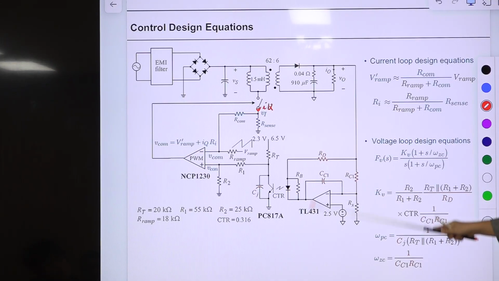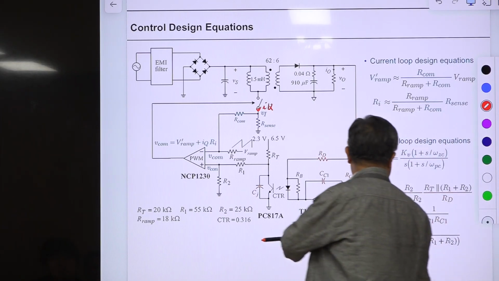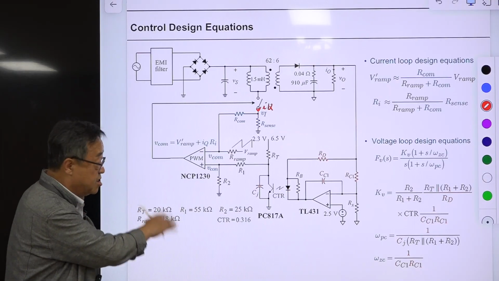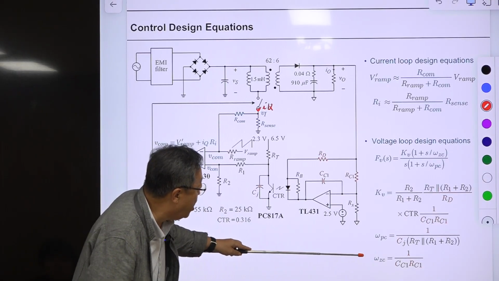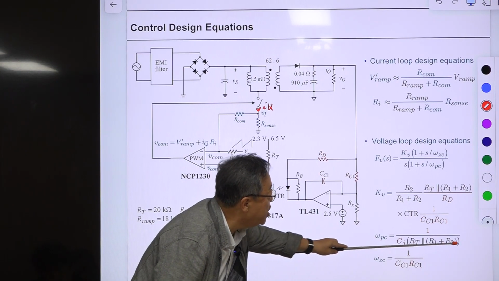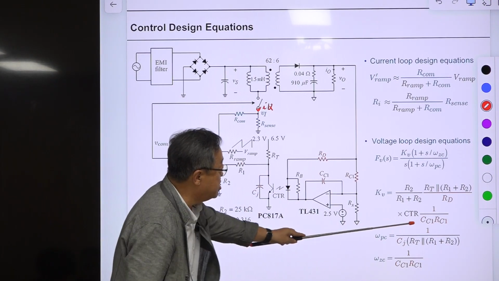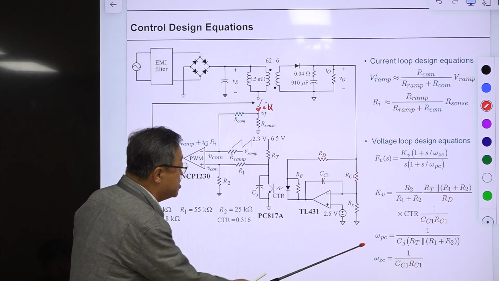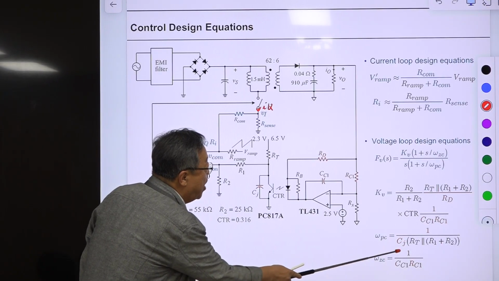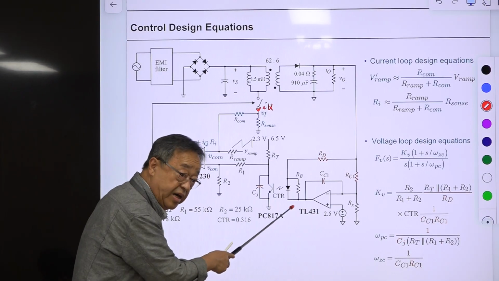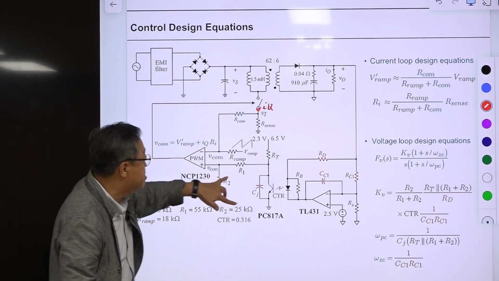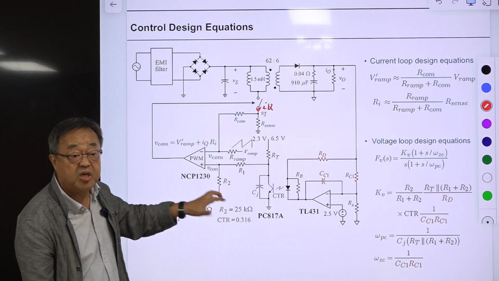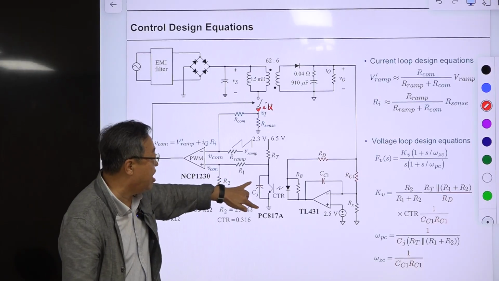You can freely select this, but the other things are already determined, because R1, R2, and RP are determined by the IC designer, this omega PC is determined by somebody else, and CTR is determined by the optocoupler people. The minimum value of C_J is fixed by this device. You can increase it by adding an additional capacitor in parallel, but the minimum is bounded.